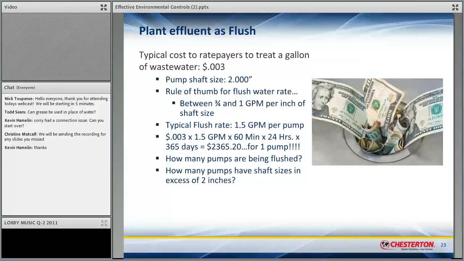So if we use our pump shaft size again, of around 2 inches, and we use our 3/4 of a gallon per minute per inch of shaft size, we would have that flush rate of 1.5 gallons per minute. So we once again do the math, look at the costs associated with one pump. And once again, we ask those questions. How many pumps are in fact being flushed? How many pumps have shaft sizes in excess of 2 inches?